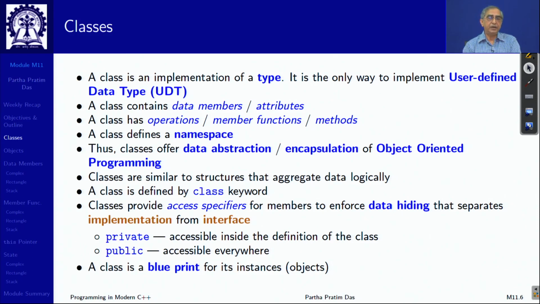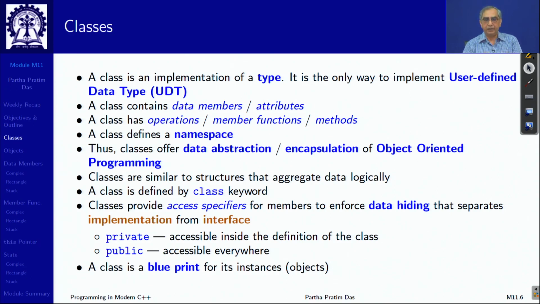And this gives us the first level feature of data hiding or information hiding. So, in terms of the class, we achieve two basic objectives of object oriented programming, that is abstraction or encapsulation, and the other is data hiding.